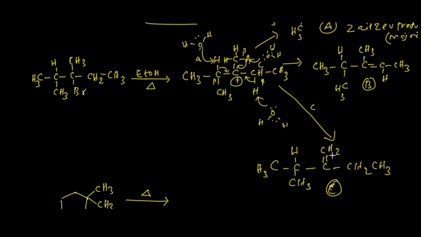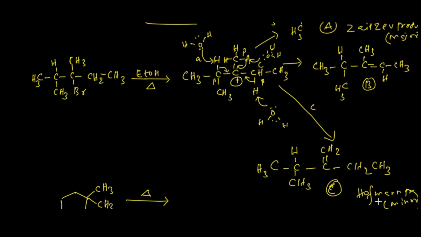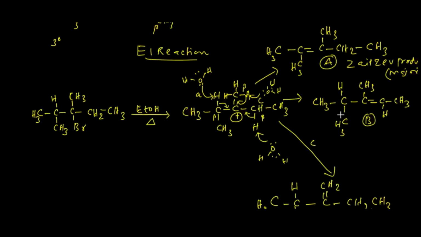And the least substituted alkene will be called the Hofmann product. So this is always minor. Understand it? The highly substituted alkene is the major product, the least substituted is the minor one, and this is the second maximum, or you can call it the second major one.